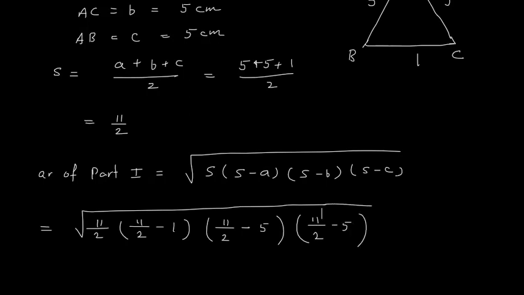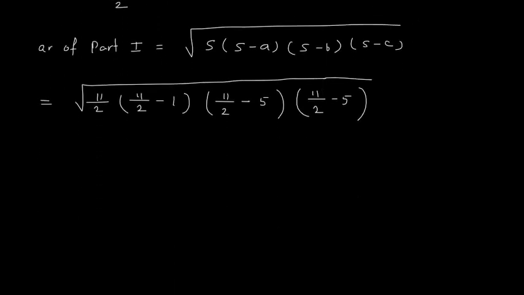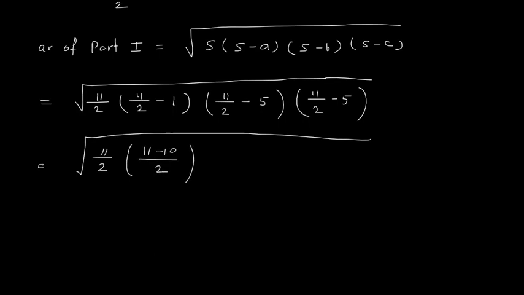So this will give me, this is equals to square root of, this is 11 by 2, so (11 minus 10) divided by 2, (11 minus 10) divided by 2, and then (11 minus 10) divided by 2.